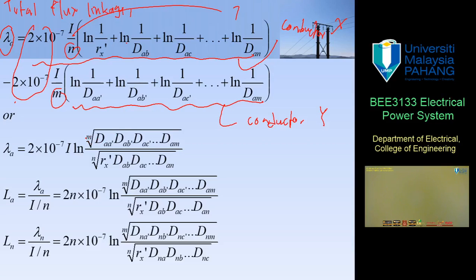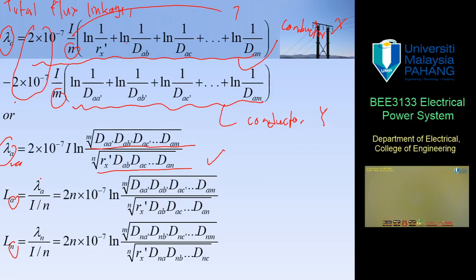So m is here and n is over here, and you can simplify it and get this. Since we have already obtained lambda A, we then find the inductance for conductor A, and then the inductance for conductor N. It's very easy.